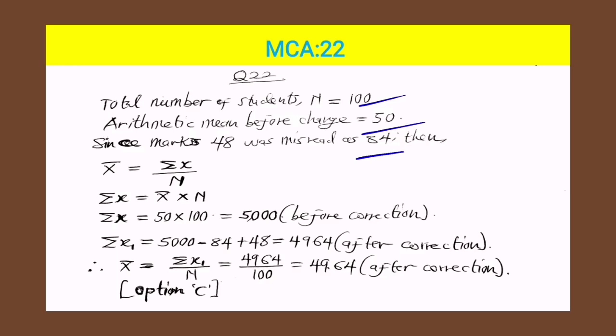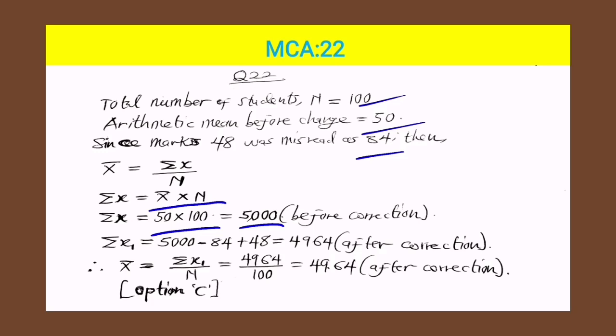So I made summation x the subject, and I was able to arrive at summation x equals the mean multiplied by n, and then that's why I was able to substitute the figures in there. The total number was 100, and then the mean was 50. So my total marks for the 100 students would be 5,000. Okay, and then that was before correction because there was an error in the math.